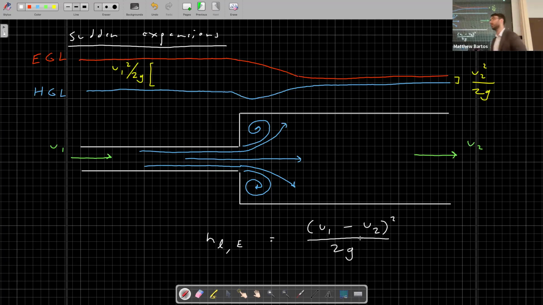This expression for the minor losses can be derived from applying the momentum equation. It's in the course packet. I won't go through it here because it'll take too much time, but you can derive this formula for the head losses associated with a sudden expansion explicitly.